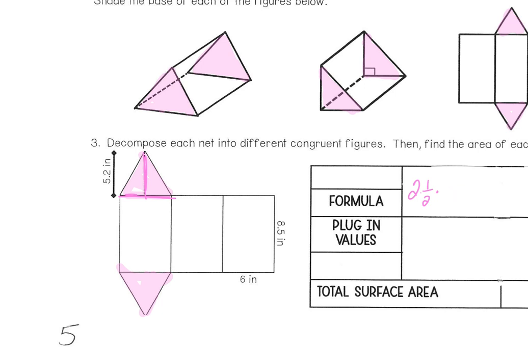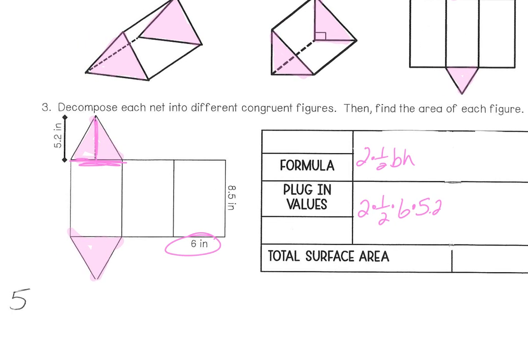I'm writing these down in the wrong spot here. Give me a sec. So we're going to do 2 times 1/2 base times height of the triangle. So 2 times 1/2. My base, because it's the bottom, it's going to be this 6. So times 6. Times my height is 5.2.